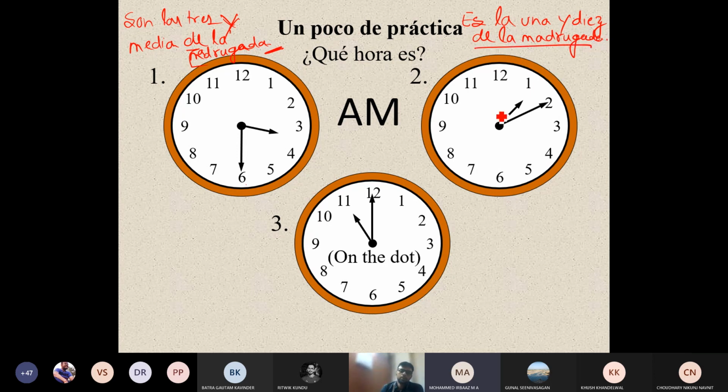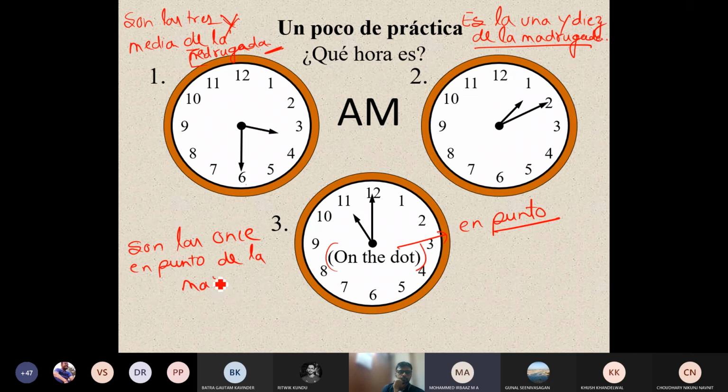Okay. Number 3, which is given here, is 11 on the dot. So you can see there is this expression given, on the dot. So we have seen what is on the dot. In Spanish, it is en punto. So the complete expression will start like this: son las 11, okay, en punto de la mañana.